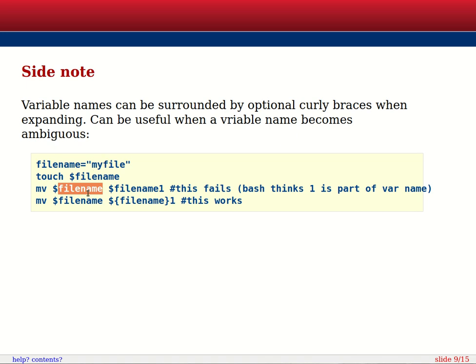So move myfile to myfile1. It doesn't work because this thinks, hey, I'm looking for a variable called filename1. So we can actually say, hey, look for the variable filename and then put a 1 at the end.